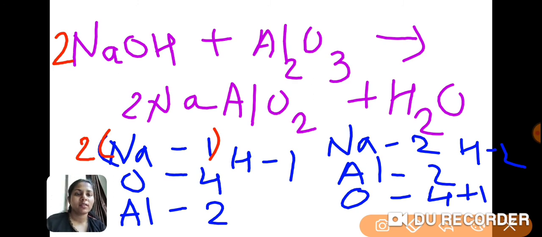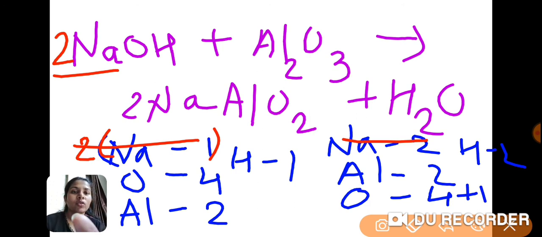Now let's see the remaining. We will check the remaining part. 2 molecules of Na, 2 molecules of Na on both sides. Then oxygen comes here 2 molecules and becomes 2 molecules and 3, total 5 molecules of oxygen on the reactant side, and on the product side there are 5 molecules of oxygen, so it is also balanced.